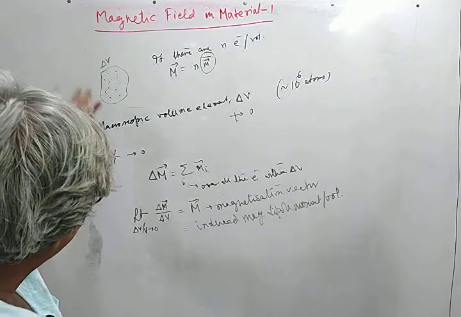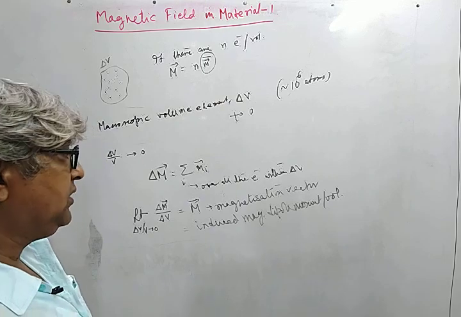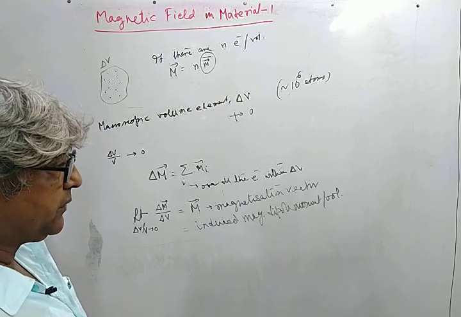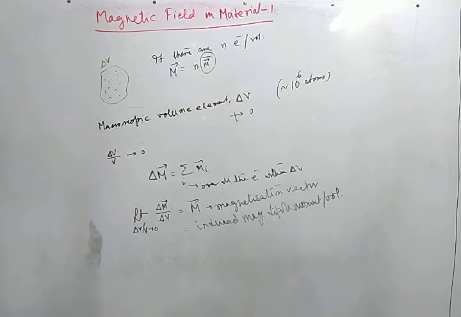So far we have considered only the orbital motion of electrons, but experiment indicates that apart from orbital angular momentum, electrons do possess another angular momentum called the spin angular momentum.